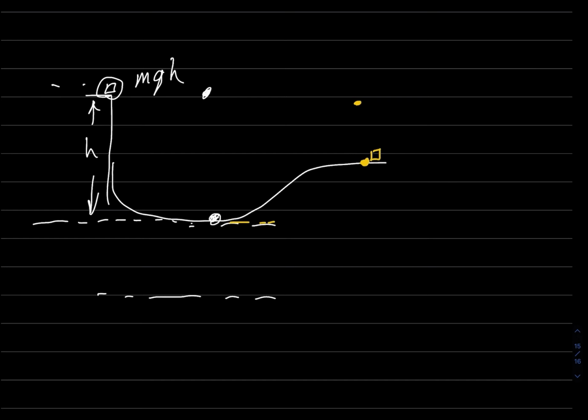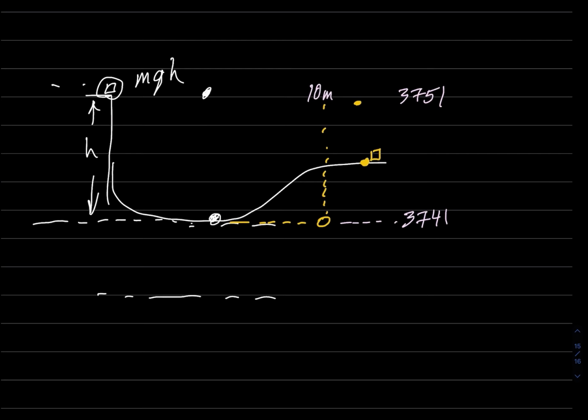So if we say the ground is at potential energy 0, and the block starts out at a potential energy of mgh, we can do our calculations. Let's say h equals 10 meters. Okay, we can do our calculations. But if we said that the ground is at level 3,741 and the block starts out at level 3,751, our calculations would come out exactly the same.